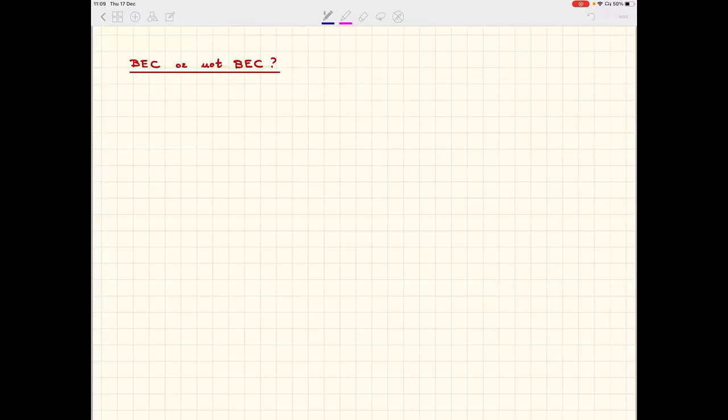Well, let me remind you. The criterion to figure out whether you do have or you don't have Bose-Einstein condensation is you have a certain number of particles. You try to saturate this number of particles by filling up excited states. And therefore, you try to figure out whether this equation has a solution mu as a function of n with mu negative or equal to 0.